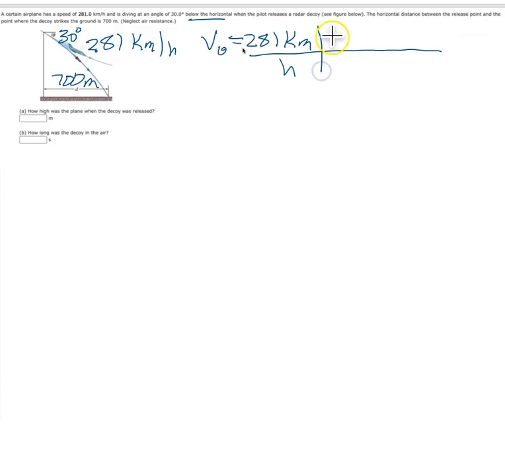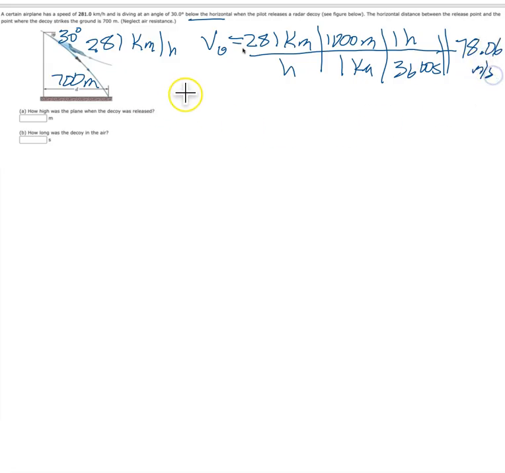We know that there are 1,000 meters in 1 kilometer, and we also know that in 1 hour there are 3,600 seconds. So at this point we can solve and find out that that original speed is 78.06 meters per second.